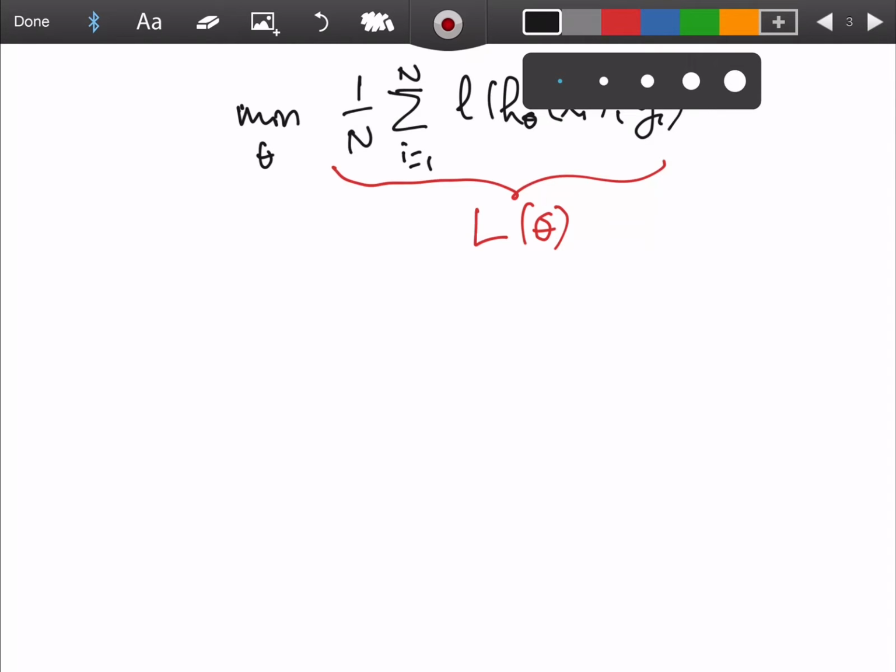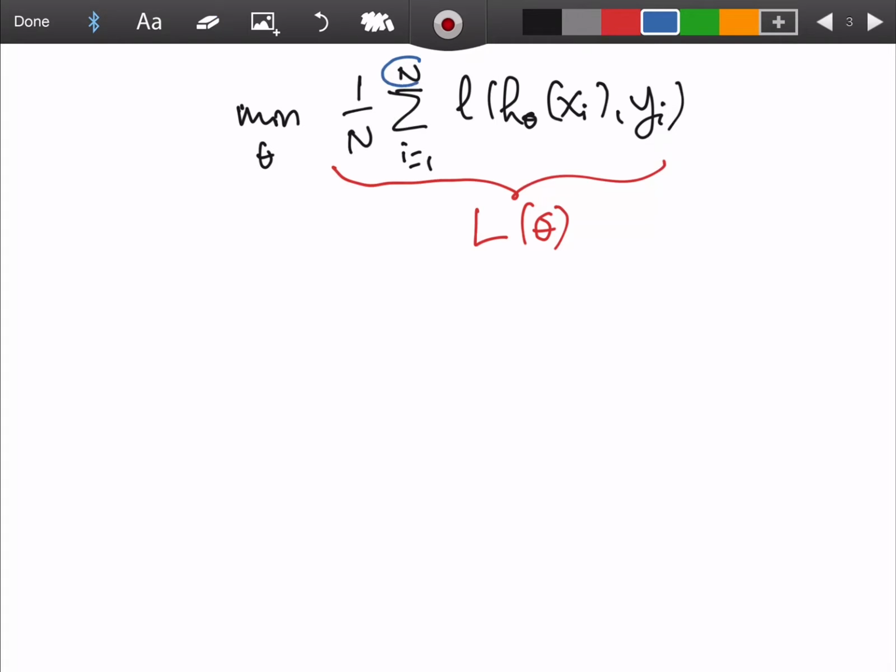Now you can observe several things. First of all, how do you minimize it? What does it even mean to minimize this function? Now it also has this sum, and this number n can be very big. It might be simply impossible to compute this function end to end, or extremely expensive to do all this sum.